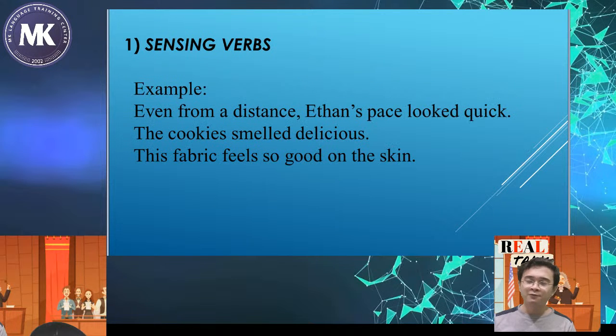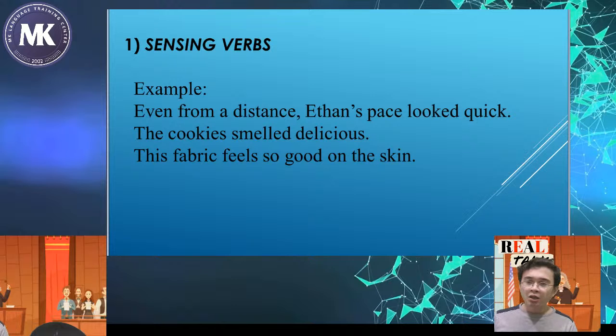Here, for example, sentences of sensing verbs: even from a distance, Ethan's pace looked quick. If you notice, we have looked as our verb here, right? Look is an example of a sensing verb and it's connected with our sense of sight.